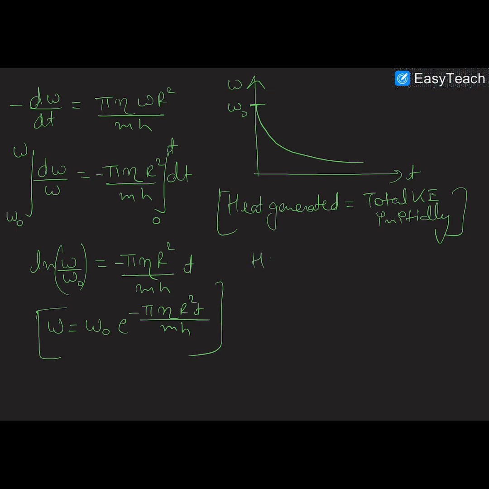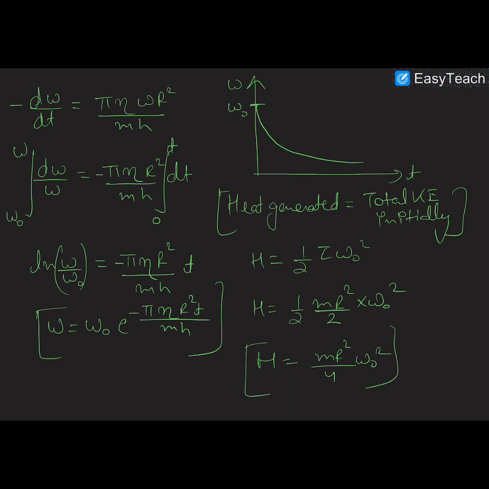So the heat generated is half I omega naught square, with I equal to m r square by 2, which gives m r square by 4 into omega naught square.